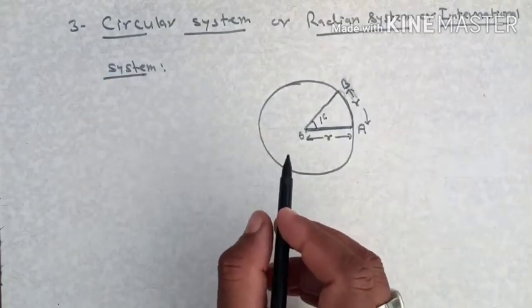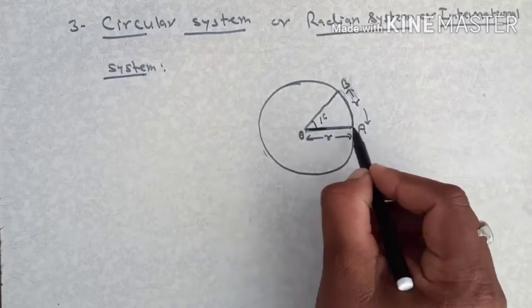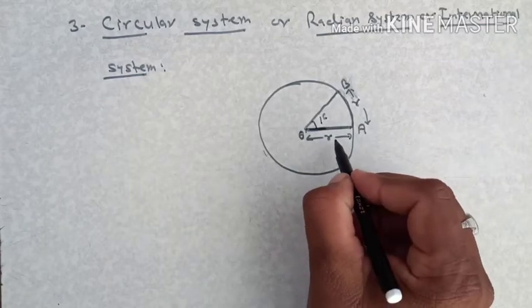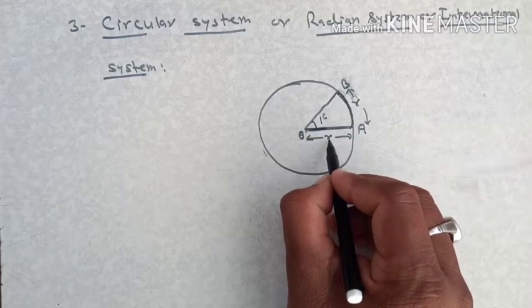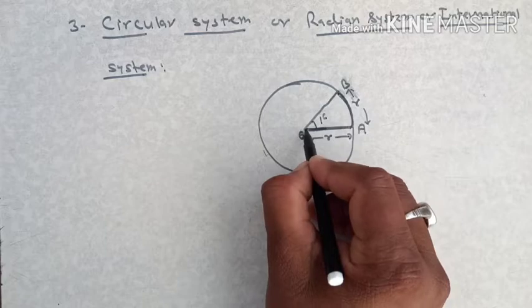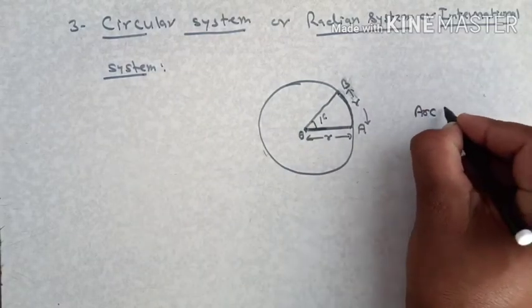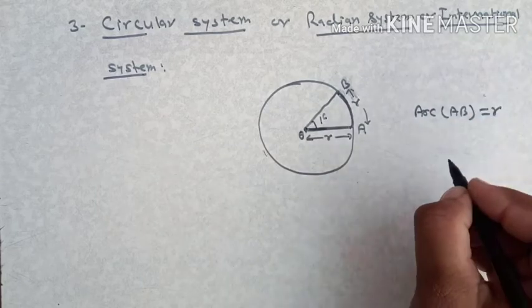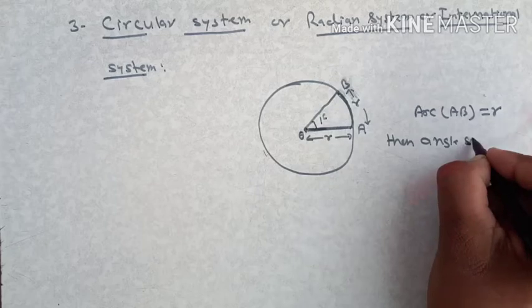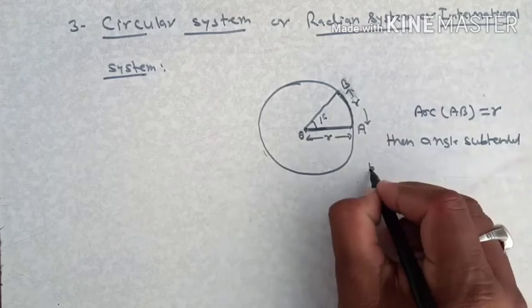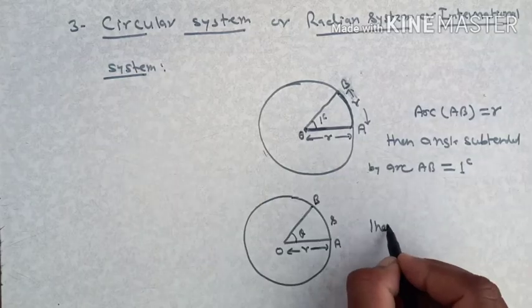In circular system or radian system or international system, here is a circle, center O, OA is radius of circle. Let the radius of circle be r. If the length of this arc AB is equal to radius, then the angle subtended by this arc at the center is called 1 radian. Means arc AB equals r, then angle subtended by arc AB equals 1 radian.